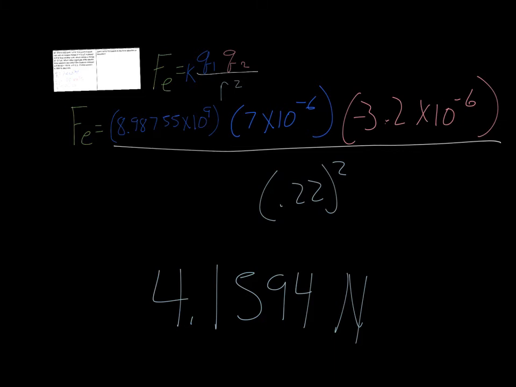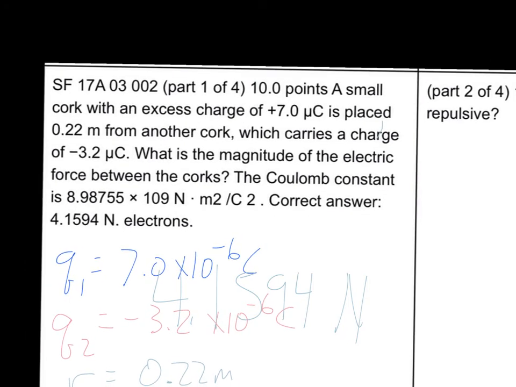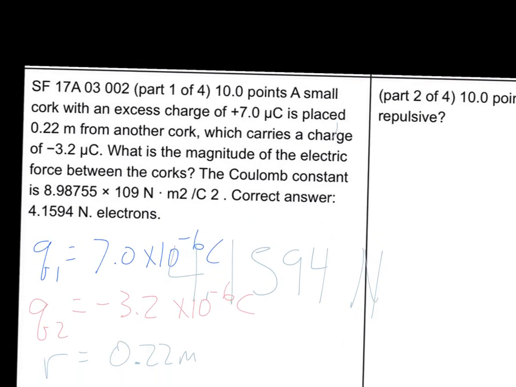However, what you'll also note is that because this is an absolute value, it says magnitude only, it did not ask you for the direction. So please make sure you pay attention to that in your quiz problem. If you bring up the question, it says magnitude only, so that means we do not have a direction.